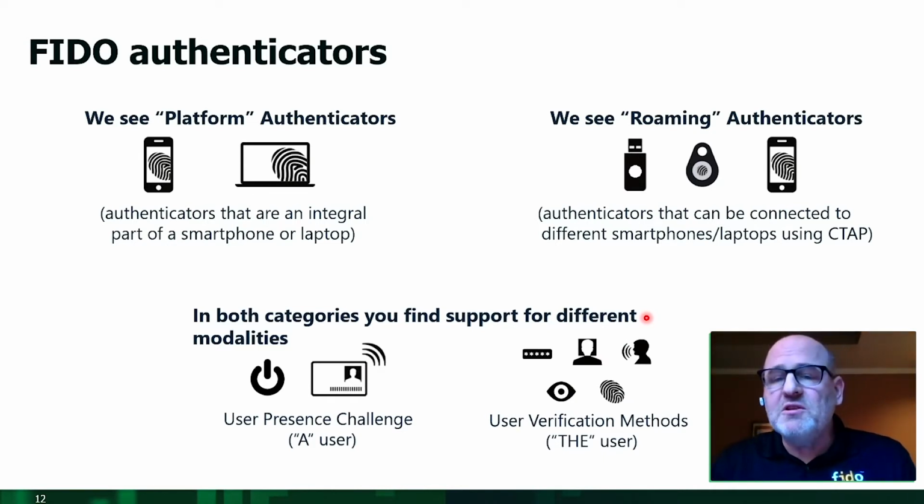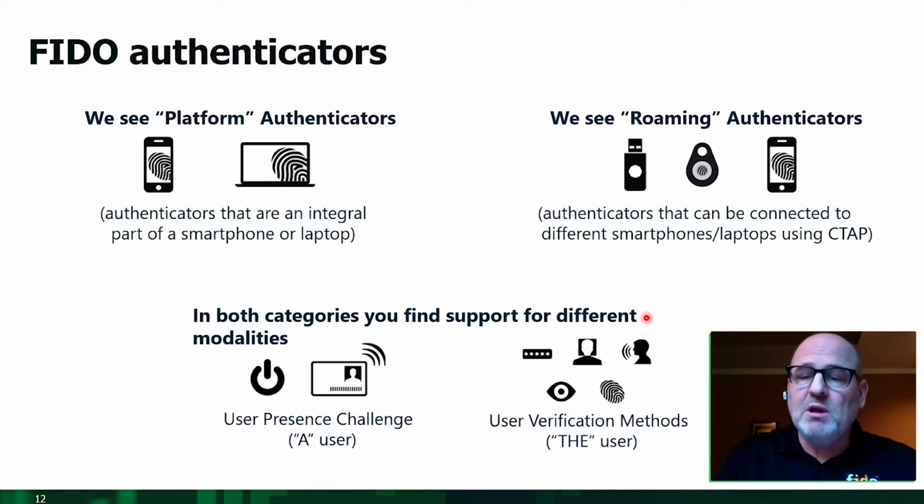And then we have another scenario, which are called roaming authenticators. These can be USB dongles, they can be based on NFC or Bluetooth, or they can actually be embedded into another device like a cell phone. And the advantage of the roaming authenticator is that you can use that authenticator across multiple devices.